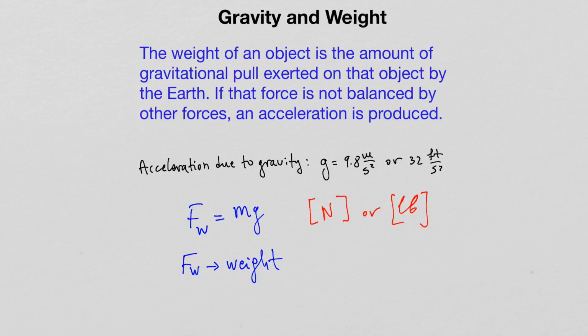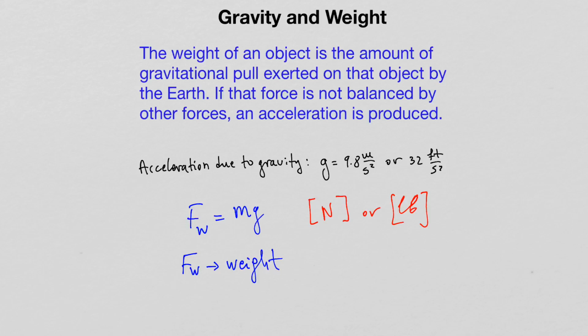The definition of weight is very useful in situations where we know the mass of an object, but we need to calculate its weight for the purposes of solving a problem. It is also useful in situations where we know the weight of an object, but we need to find its mass.